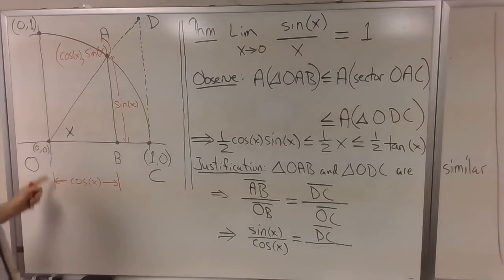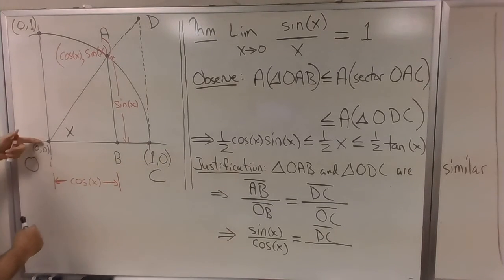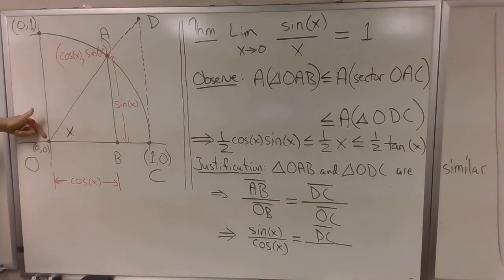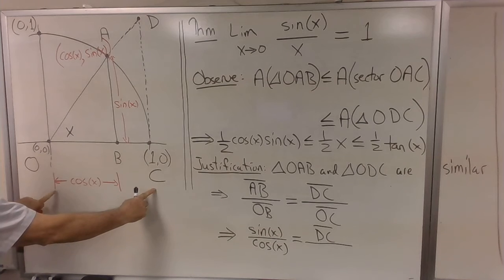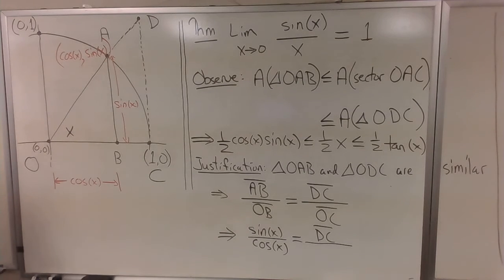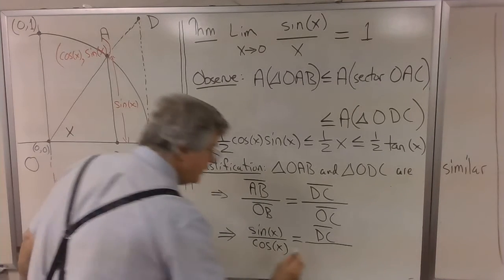OC, it goes from the origin to the circumference of the circle. So OC is the radius, which is 1. This is a unit circle.